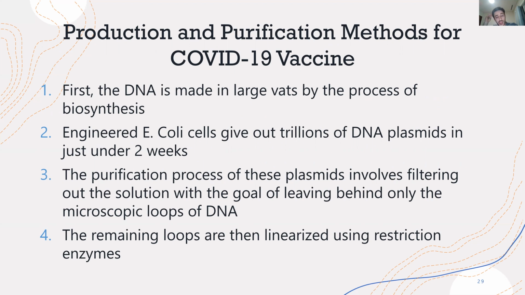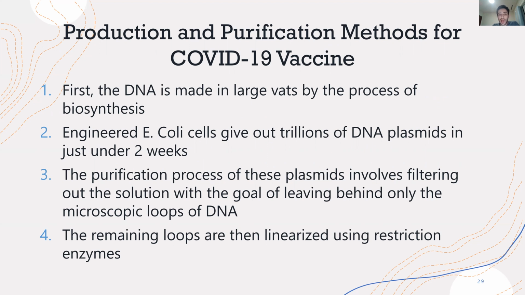First of all, we need to create the DNA, and then from the DNA, we transcribe it into RNA and then make the vaccine. How is the DNA made? It's made in large vats by the process of biosynthesis. Engineered E. coli cells give out trillions of DNA plasmids in just under 2 weeks.